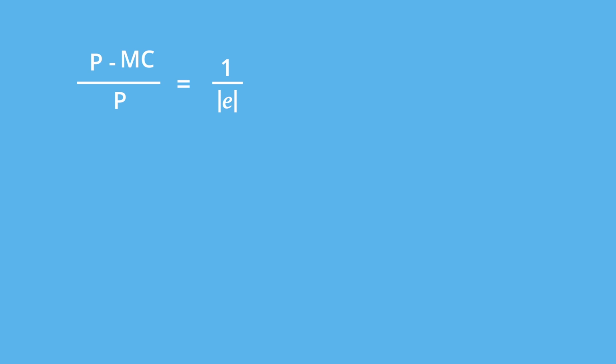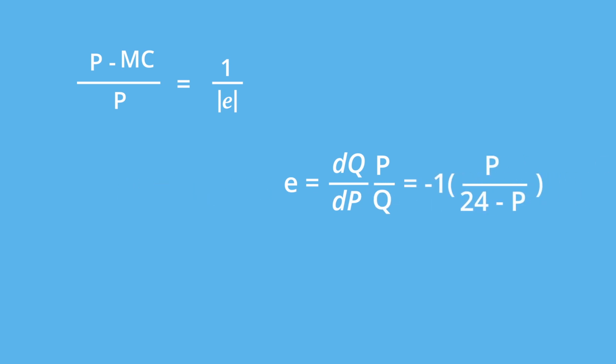Recall the inverse demand is P equals 24 minus Q. By rearranging the terms, we can find that the demand function is Q equals 24 minus P. The price elasticity of demand can be found by E equals dQ over dP times P over Q. And so with our demand function, we have -1 times P over 24 minus P.